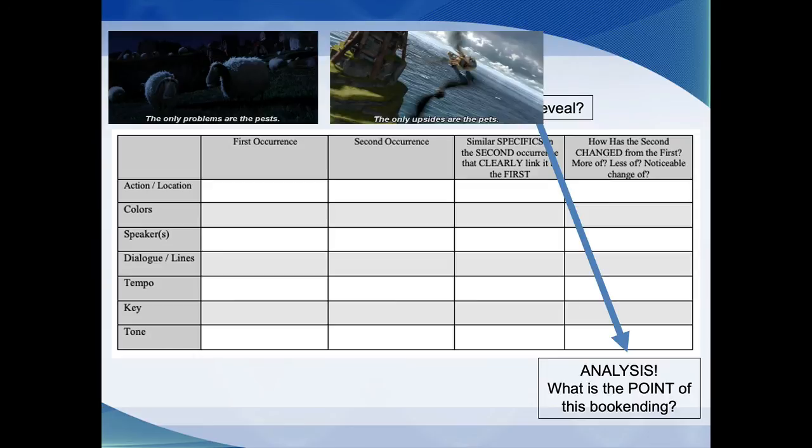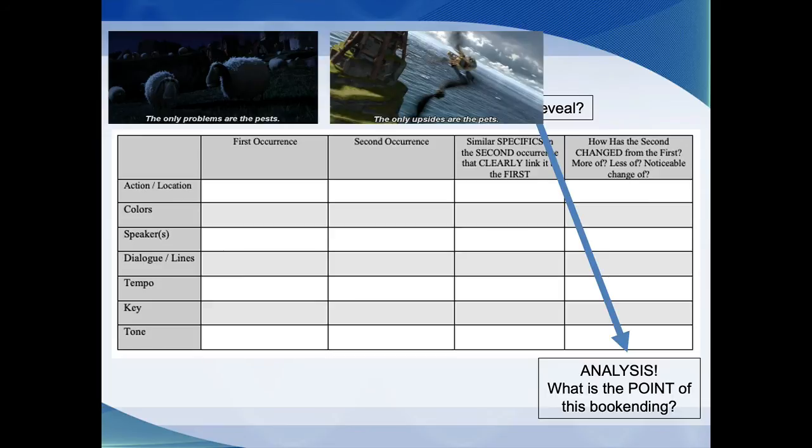And then the fourth column is where you're really getting to the meat of the analysis. How has the second occurrence changed from the first? More color, happier tone, more anger, whatever. That's where you have to start comparing and contrasting the two and making that interpretive jump and getting to analysis. Okay, I've noticed that at the beginning of How to Train Your Dragon, it's very dark and nighttime and dismal, and our main character seems scared, and he says these words.